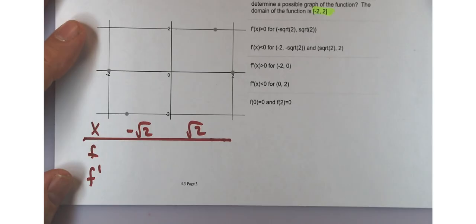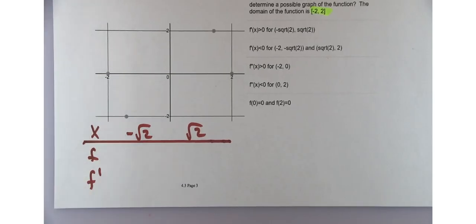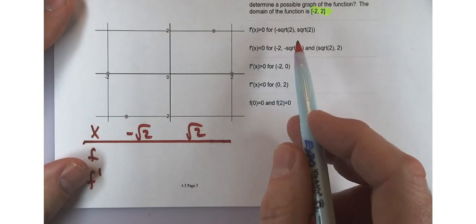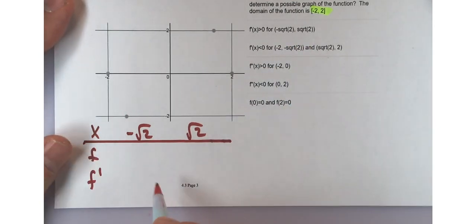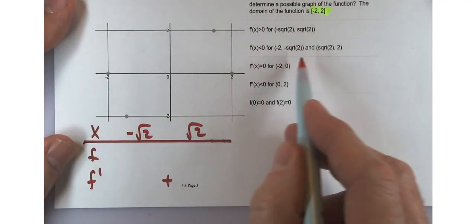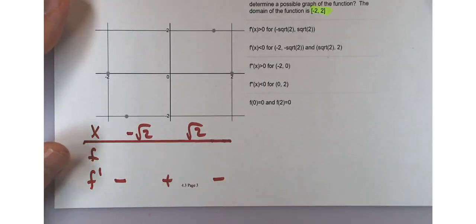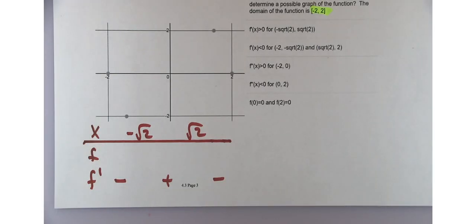Now it's not really saying what's happening at these points, but it is telling me what's happening with the function between these 2 points. And that is the derivative is greater than 0 between those 2 points. And outside those 2 points, the derivative is less than 0. So that gives us some information about our function.